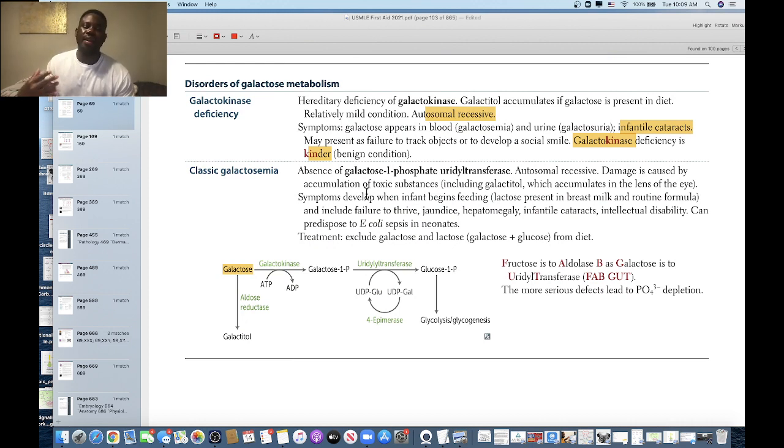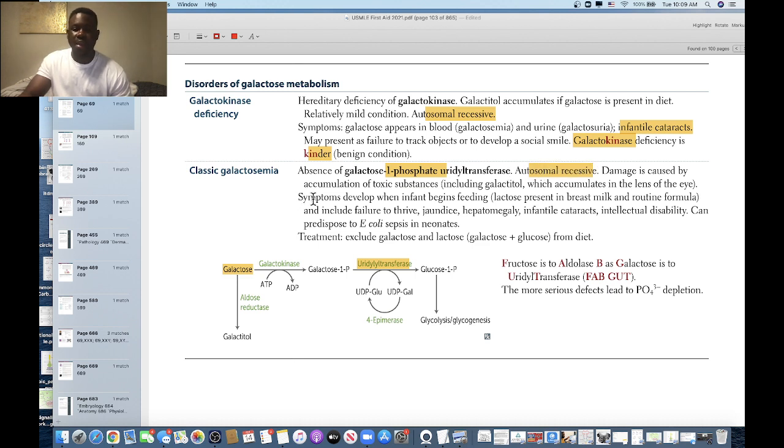And I told you that anytime you see one phosphate in the thing, it is going to prick the liver, right? So this one is caused by deficiency of this enzyme here, that is absence of galactose 1-phosphate uridyl transferase. It is autosomal recessive. So all of them are autosomal recessive.